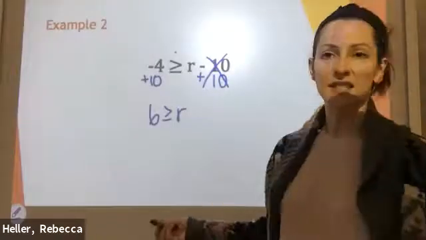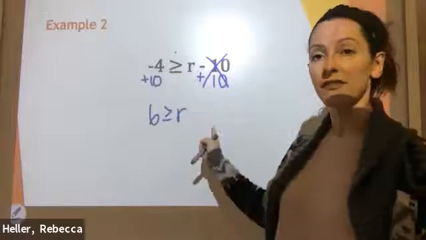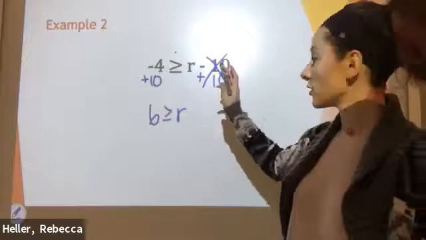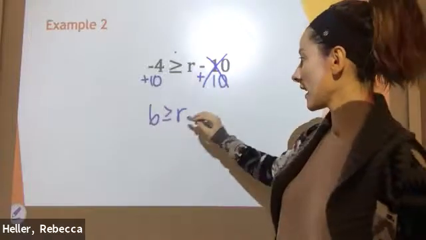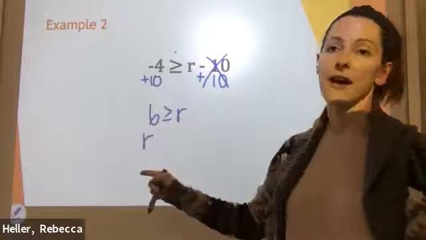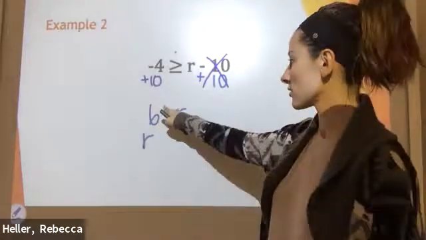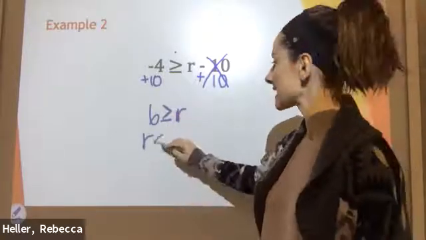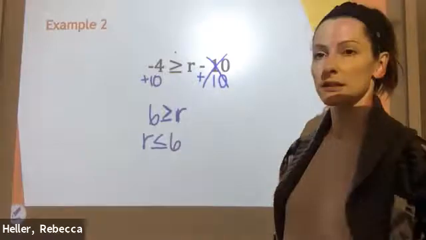Personally, I think it's easier when the variable is on the left, not the right. So if you want to, when you're done, after you get the answer, you can rewrite it so that the variable is on the left. So if 6 is greater than or equal to r, that means r is less than or equal to 6. Okay?